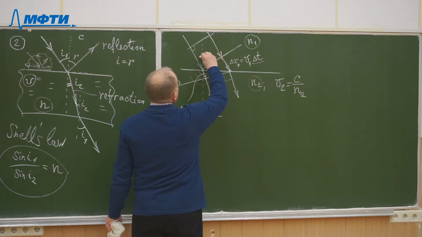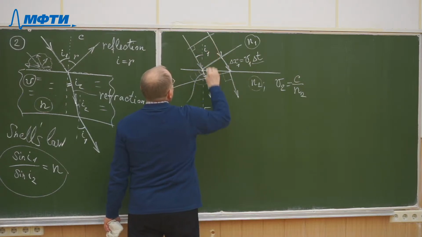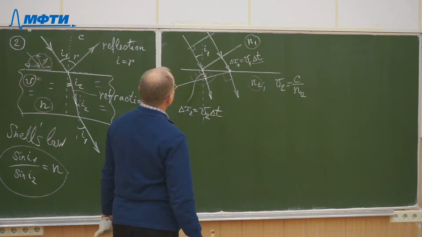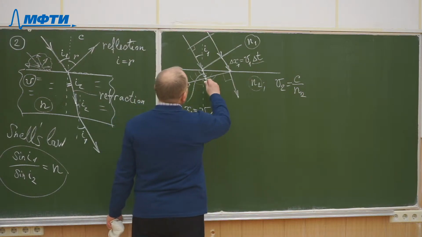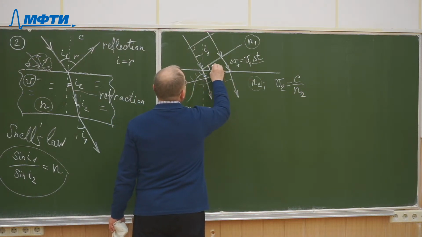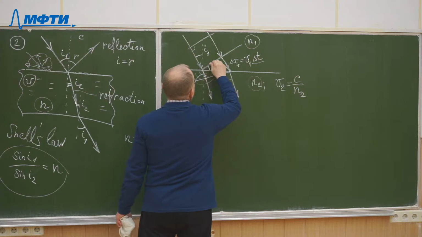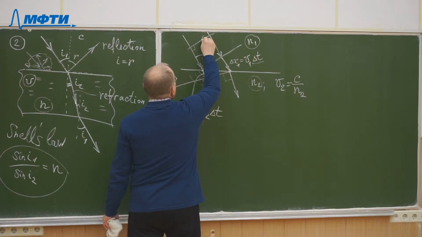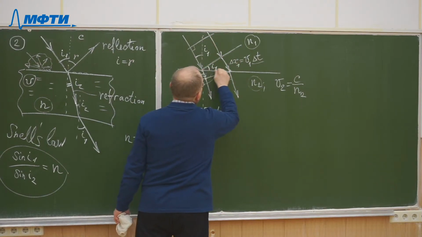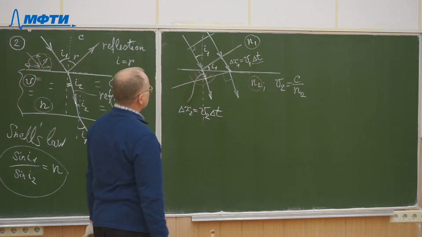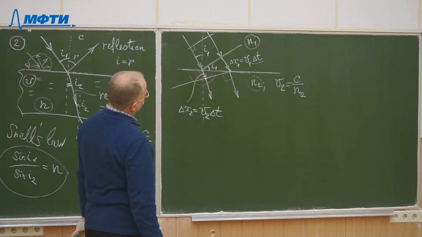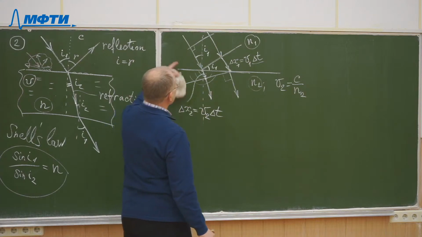If the angle of incidence here is I1, then this I1 angle is this one, because the light ray is perpendicular to the wavefront, and this is, by definition, the normal to the interface between the two parts of space, between the two media.